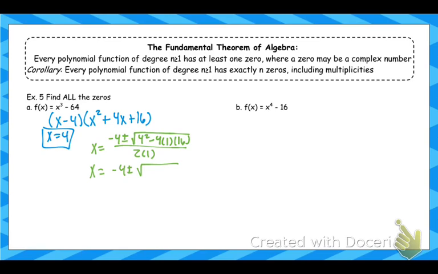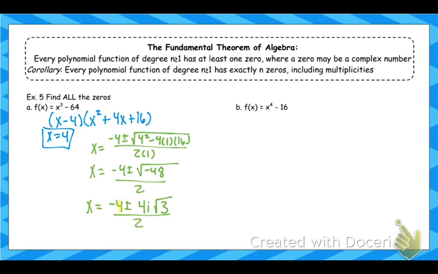So that's 16 minus 64, which is a negative 48. And remember, we cannot simplify the negative 4 and the 2 yet. We have to simplify what's under the square root first. So square root of 48 can simplify into 4i root 3.